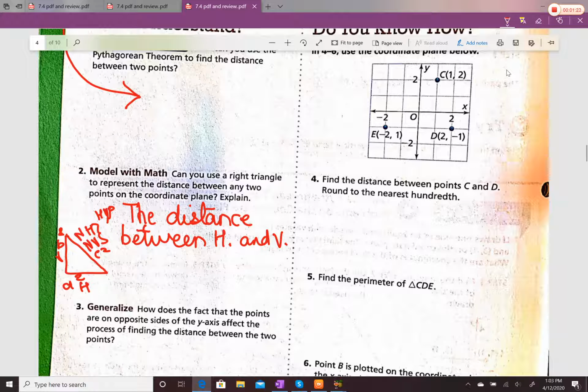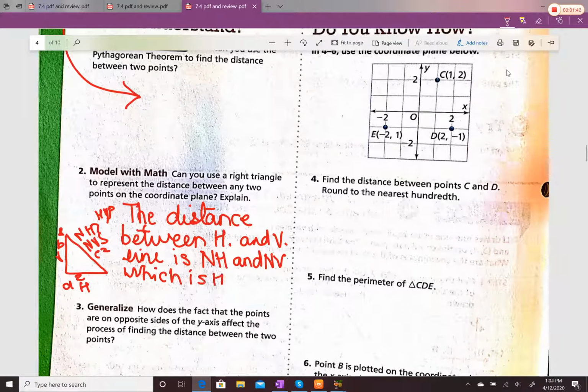The distance between the horizontal and vertical line is the non-horizontal and non-vertical point, which is the hypotenuse.